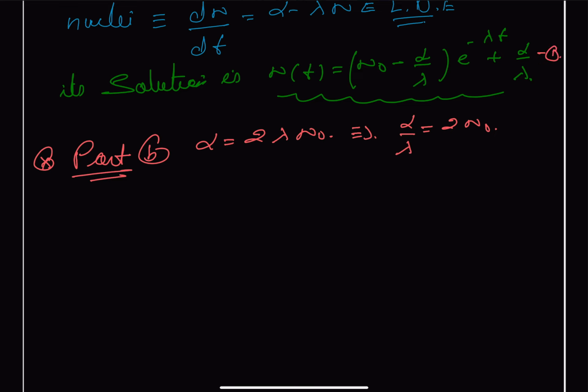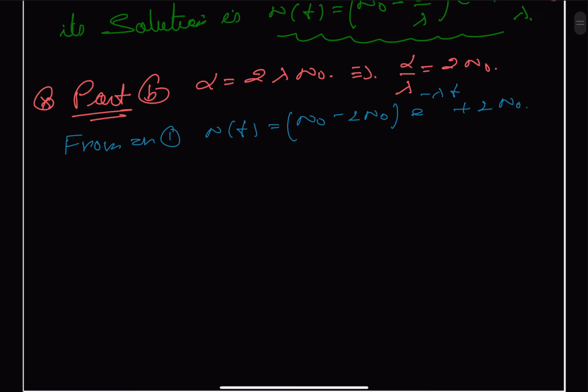So from equation 1 we can write that n of t is equal to n0 minus alpha upon lambda, that is twice n0, times e raised to power minus lambda t, plus twice n0. So we get n of t is equal to minus n0 e raised to power minus lambda t plus twice n0.